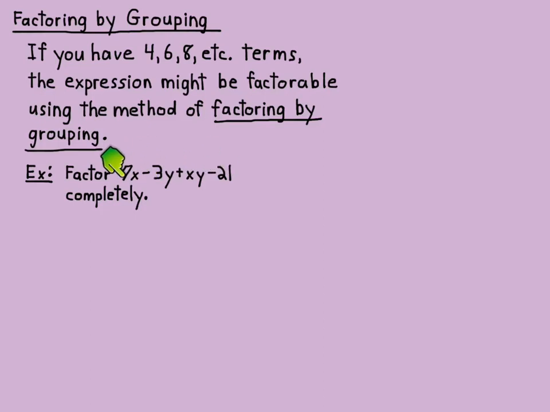If there's no common factor, just take the middle 2 terms and switch them. Make sure that the minus stays with the 3 though. Subtracting 3y is the same thing as adding a negative 3y, so that negative has to go with the 3 if you switch these 2. And if you switch them, you'll see you have a common factor.